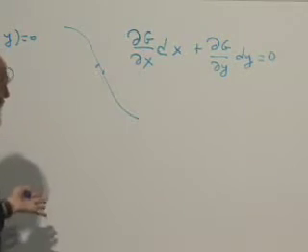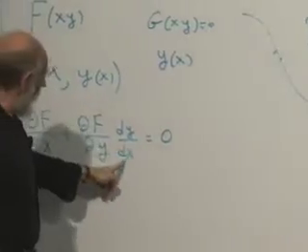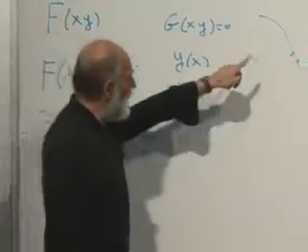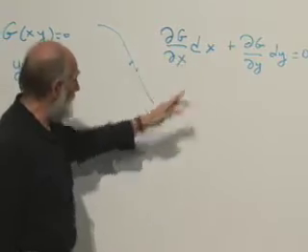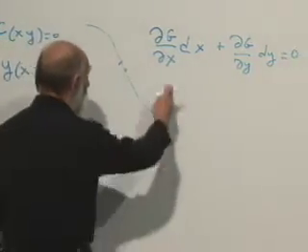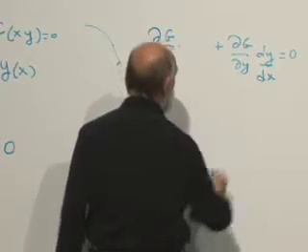The reason I did this is because this allows me to solve for dy by dx in terms of things involving the constraint g. All right, so dy by dx, we just divide by dx. And what do we get?